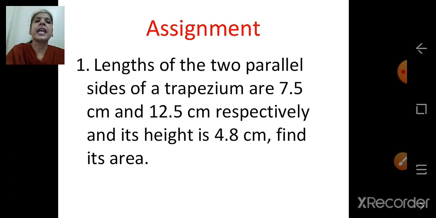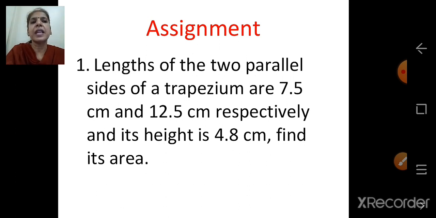Now this is an assignment for you. Lengths of two parallel sides of a trapezium are 7.5 cm and 12.5 cm respectively, and its height is 4.8 cm. Find its area. This is a simple sum, children. So what will we do? You will first write the given. What is given?